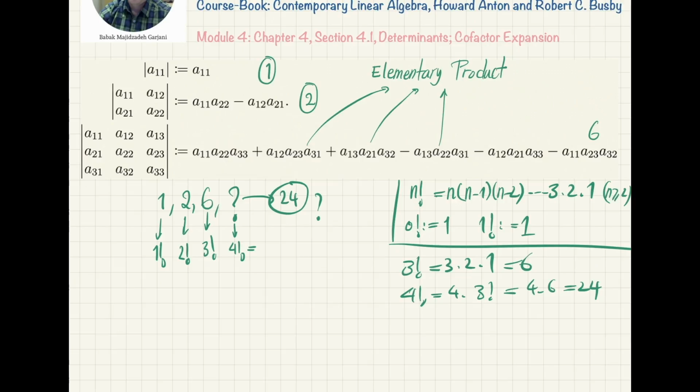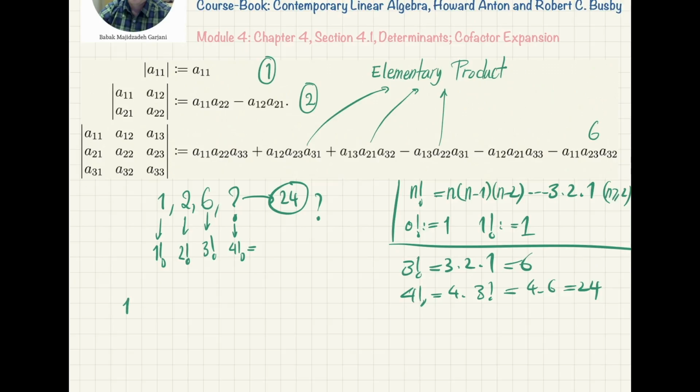Now, if you look closer, you see that if we consider all elementary products in the definition of a determinant, every possible arrangement of 1, 2, and 3 actually appears exactly once as second indices. So for example, what are the arrangements of 1, 2, and 3?